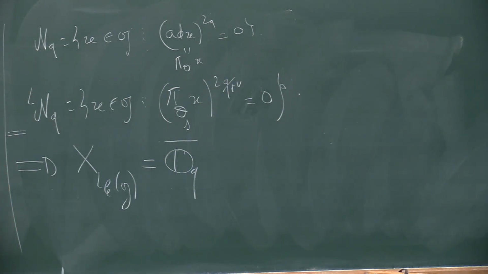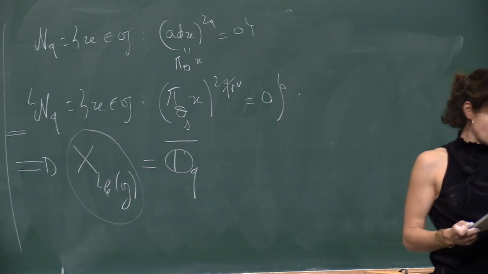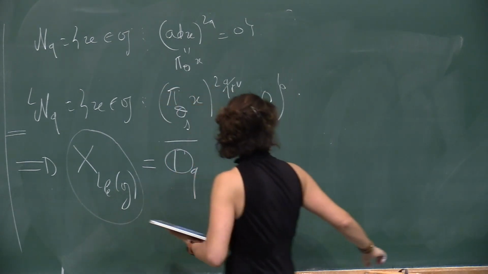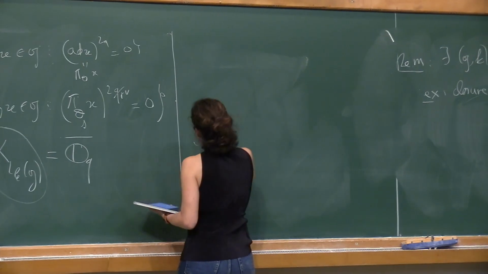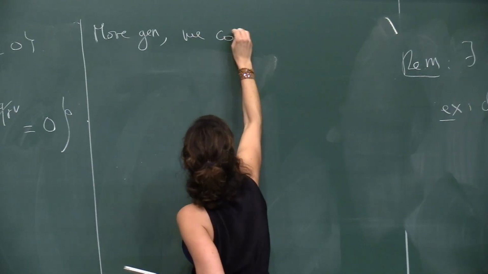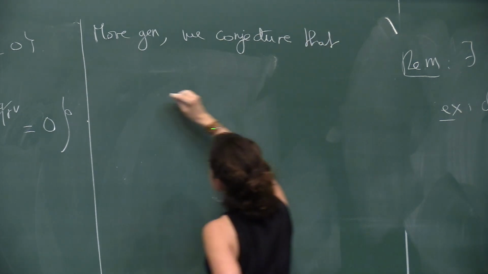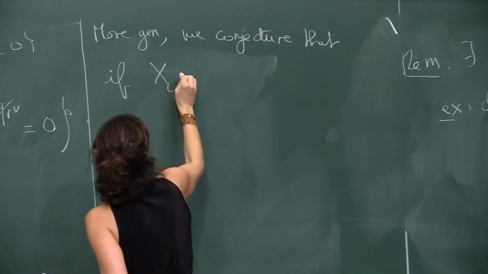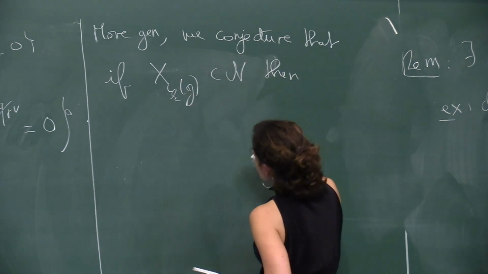All right, so in particular, you see that in this case this is irreducible, and maybe I mention some more general conjecture about this, or rather some general fact about this. So more generally, we conjecture, with Tomoyuki, that if this is contained in the nilpotent cone, then this is actually irreducible.